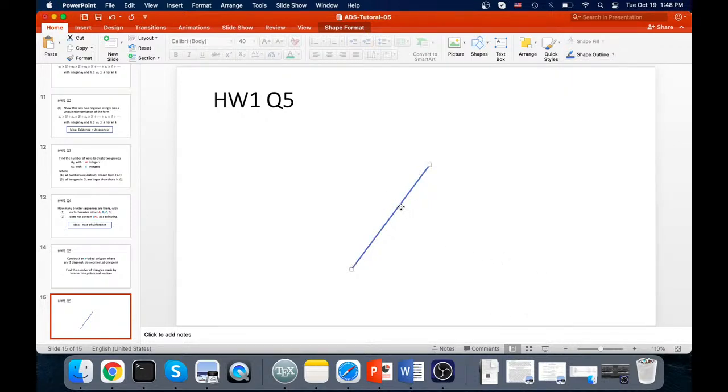Let's say this is a certain diagonal, and this is another diagonal on the polygon. Let's say this is another diagonal, and there is another diagonal from the polygon. In that case, we will be able to create a triangle inside the polygon such that the vertices of the triangle are interior intersection points of diagonals.